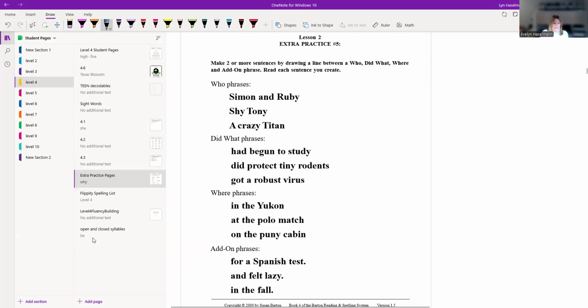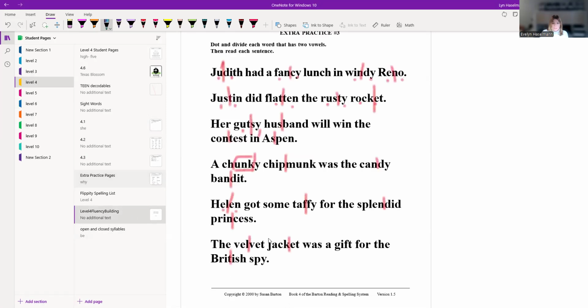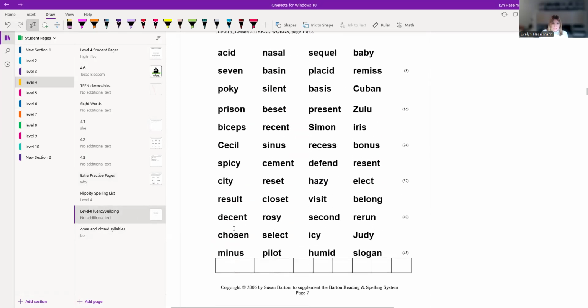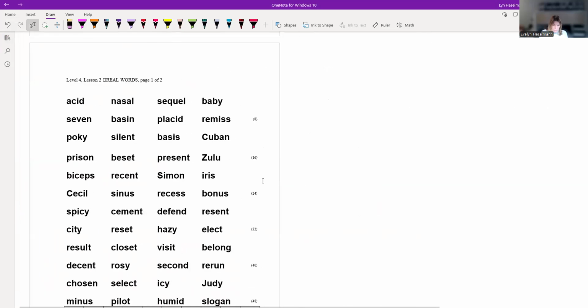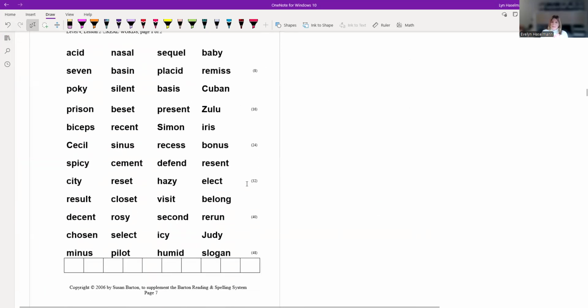So that's that. Now let's look at your fluency for this lesson. Okay. I really want accuracy on this. If you start to notice that your student is doing a lot of guessing, I would rather them get 4 in a row right than guess at 10 of them and have half of them wrong, okay?